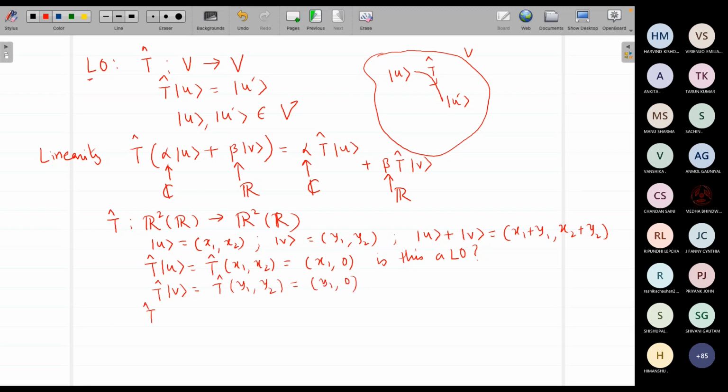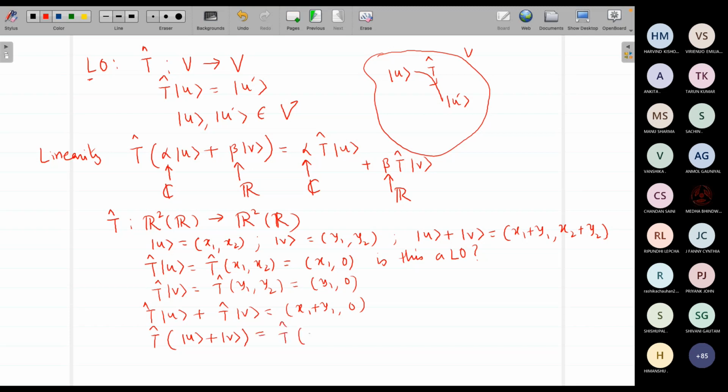So if I add T u plus T v, what will be the result? (x1, 0) plus (y1, 0), so this will be (x1 plus y1, 0). Let's apply my T on this u plus v together, which is what we wrote there.